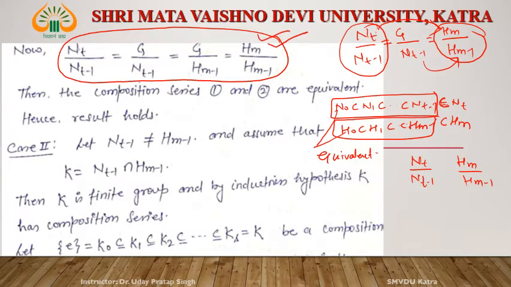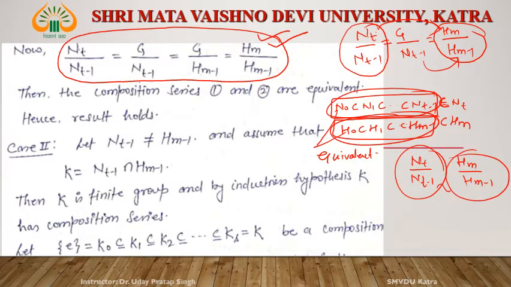So all the factors of 1 and factors of 2 are isomorphic to each other. It means 1 and 2 are equivalent if Nt minus 1 equals Hm minus 1.